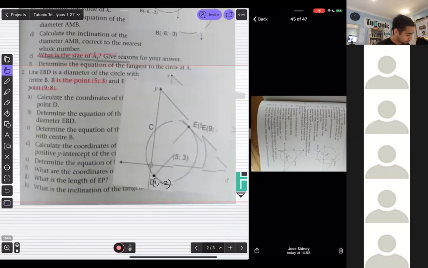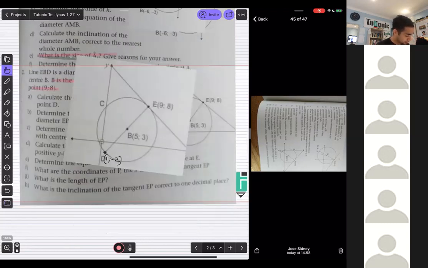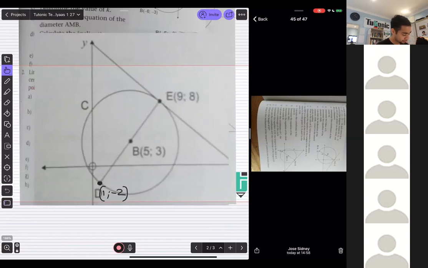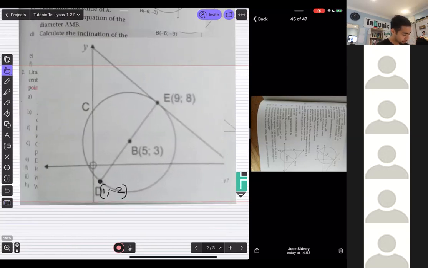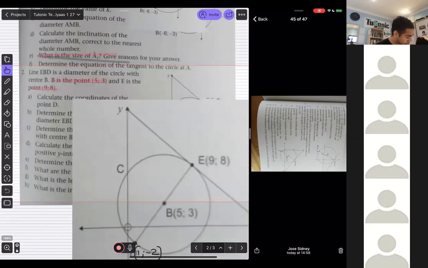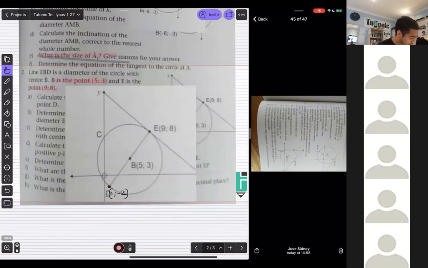And the equation of EBD, this is easy, right? You've got 2 points. So what's the gradient? It's 5/4. So can somebody just quickly work out the equation?